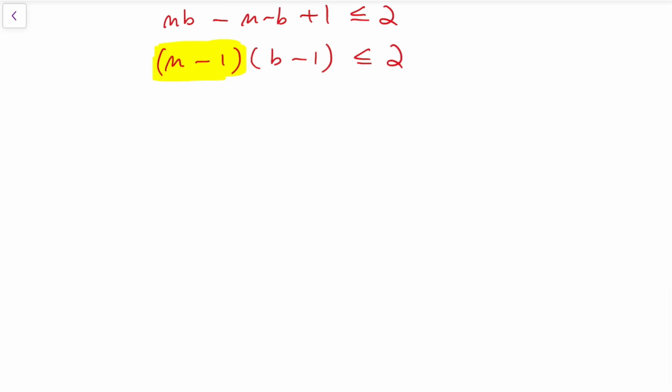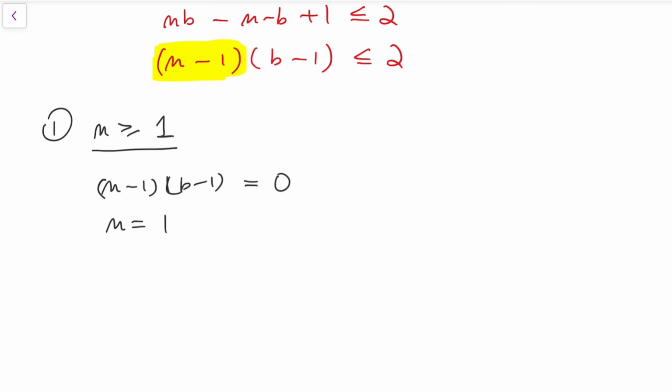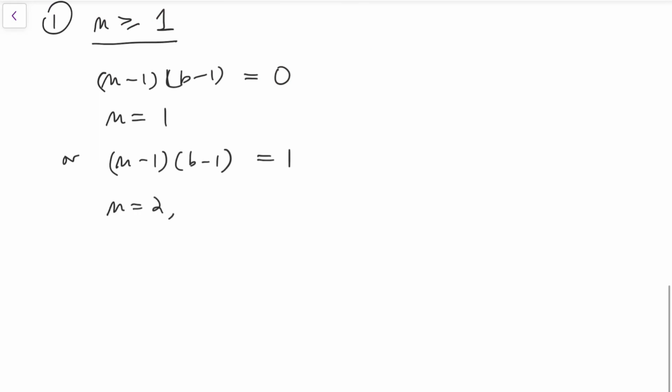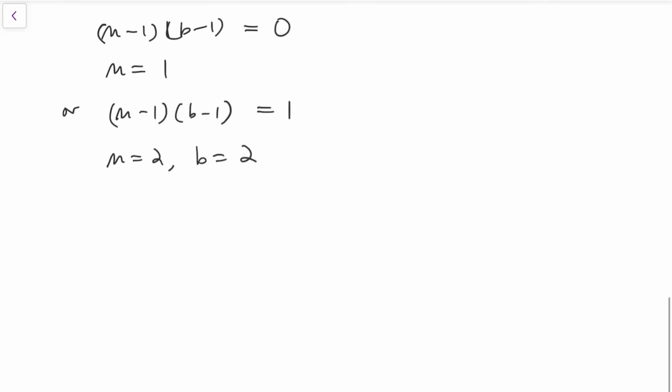First case, if m is larger than or equal to 1, then either the product equals 0, so m equals 1, because b can't be 1, it's assumed to be larger than 1, or the product equals 1, so then m equals 2 and b equals 2.